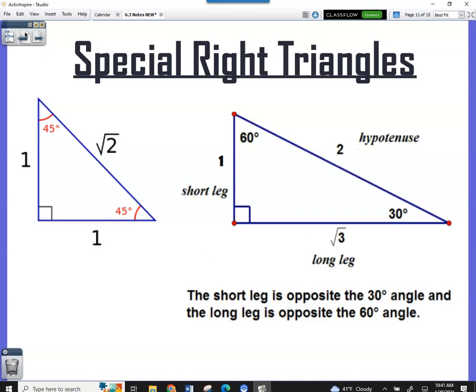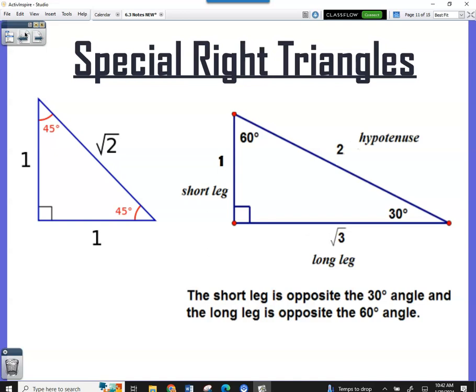So coming over here, this picture, I got to finish it. Find the hypotenuse. The hypotenuse is 2. Find the short leg. The short leg is 1. The short leg would be opposite of what angle every time?